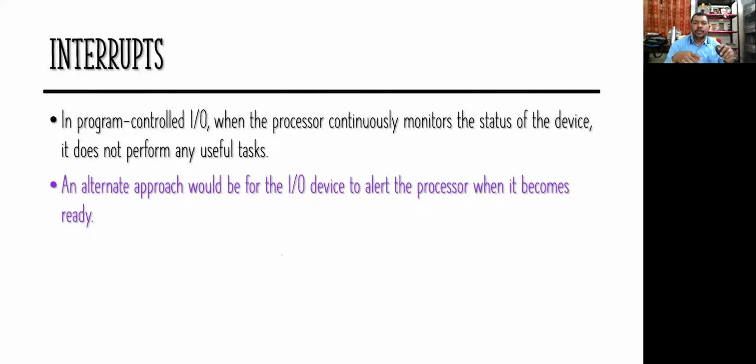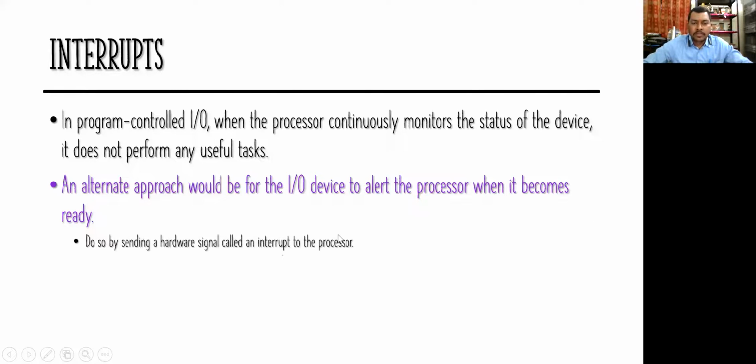So an alternate approach would be for the input output device to alert the processor when it becomes free, or when it becomes ready. So principal sir might give me a call, right? Now I am free, you can come to talk. So that is the main job of the input output device, to tell whether it is free or not.